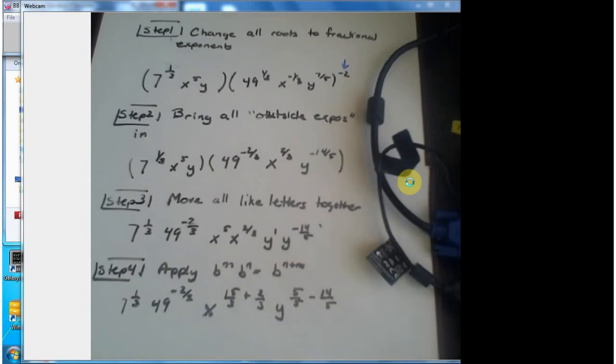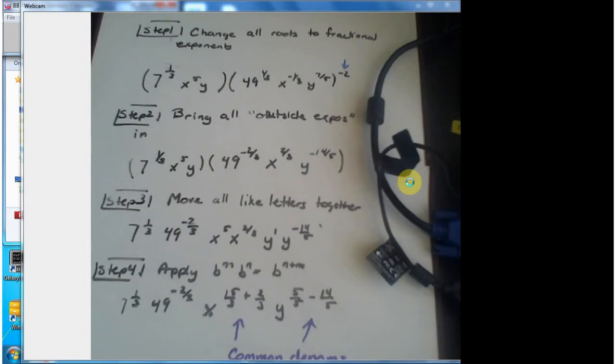So what was going on here? Common denominators. That's what's going on. Cassandra?